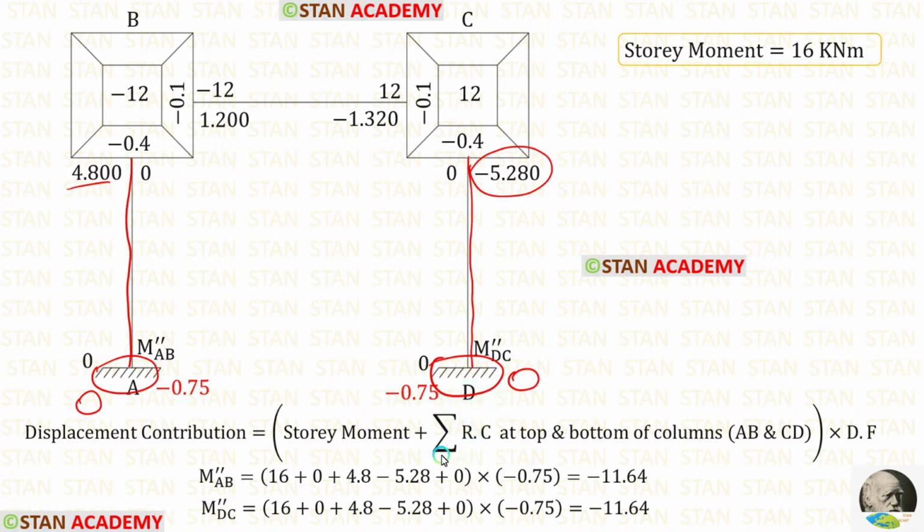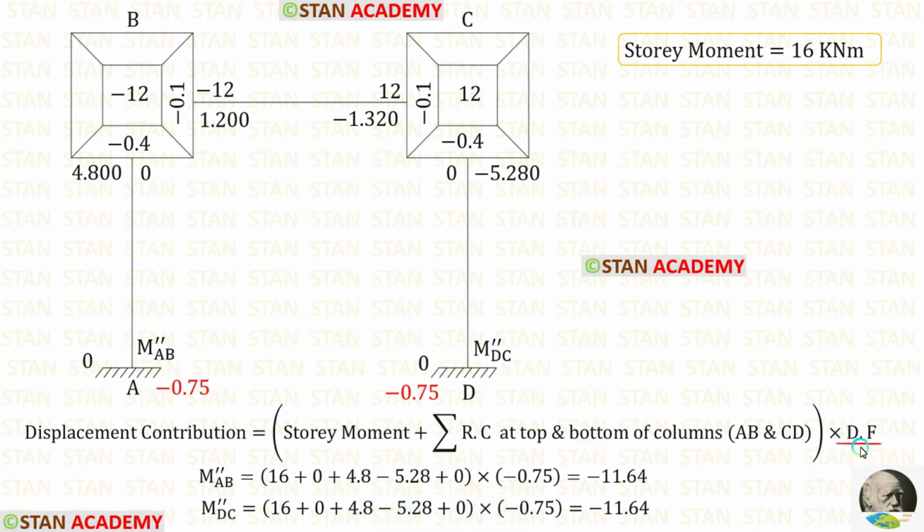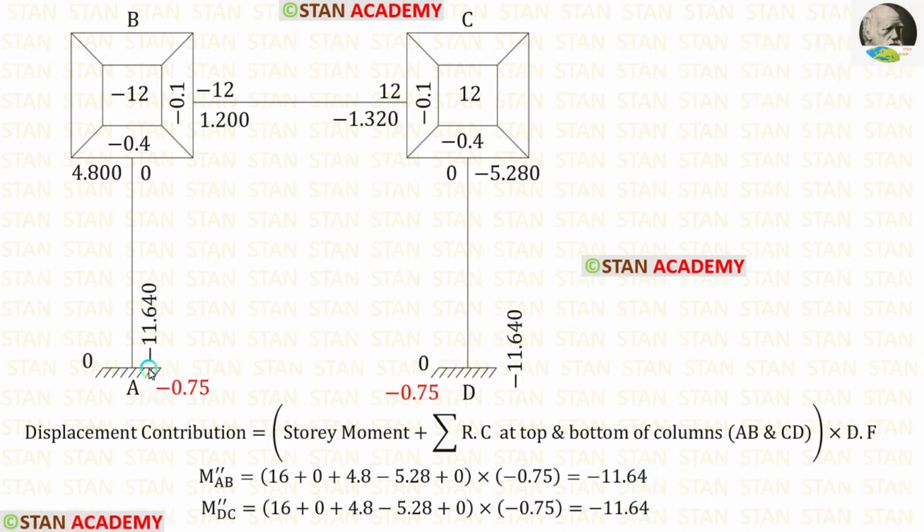So for the summation of rotation contributions at the top and bottom of the columns, we have 0 plus 4.8 minus 5.28 plus 0. The displacement factor for both of the columns is minus 0.75. Finally, for M double dash AB and M double dash DC, we are getting minus 11.64. Let us apply them. We have finished the first iteration.